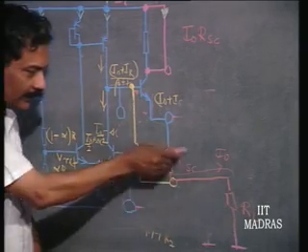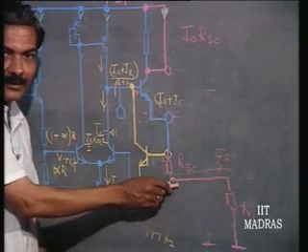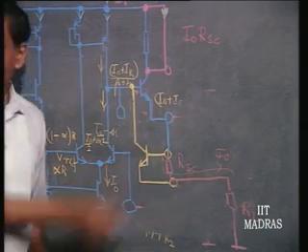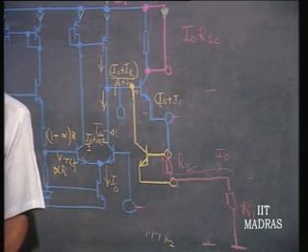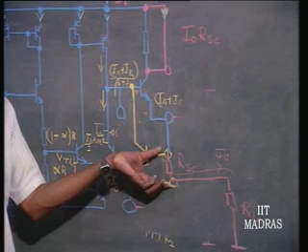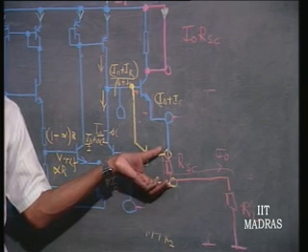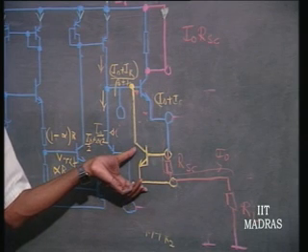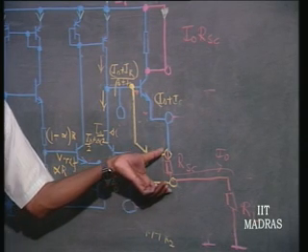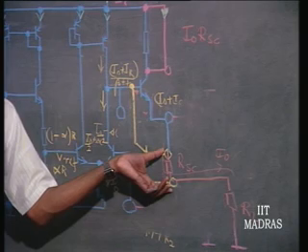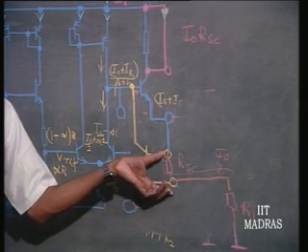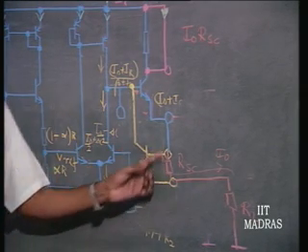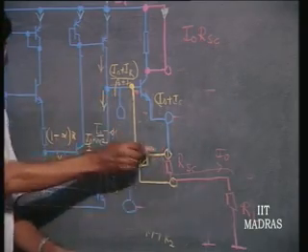So, this is the sense resistor which will tell you when exactly you have to start the diversion. The moment this voltage becomes equal to V gamma, this is done electronically, this is the police fellow. The instruction is very clear. The moment this becomes equal to V gamma, this is forward biased, this is already reverse biased.